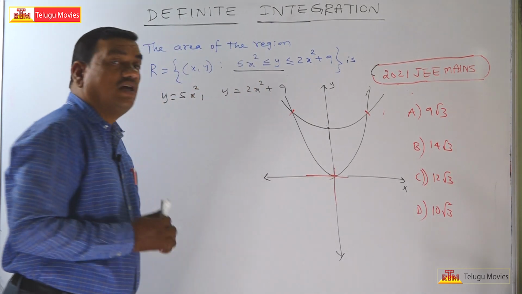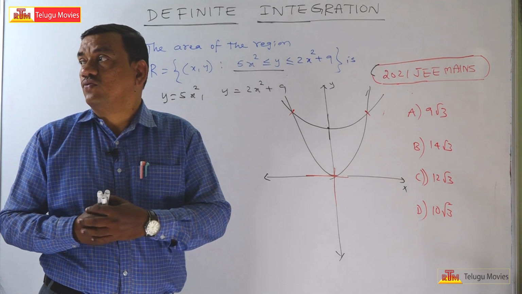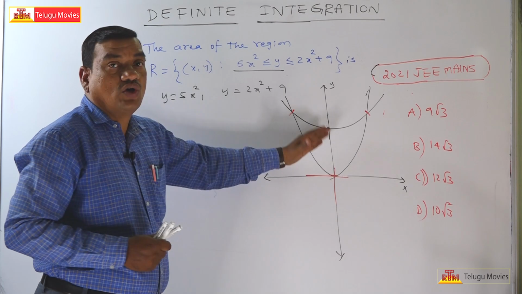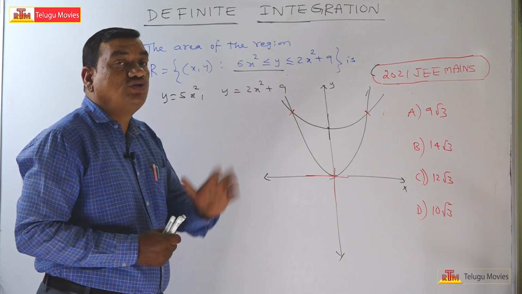Then which region do we have to find? The area of the region bounded in between these two curves. Which region do we have to take?